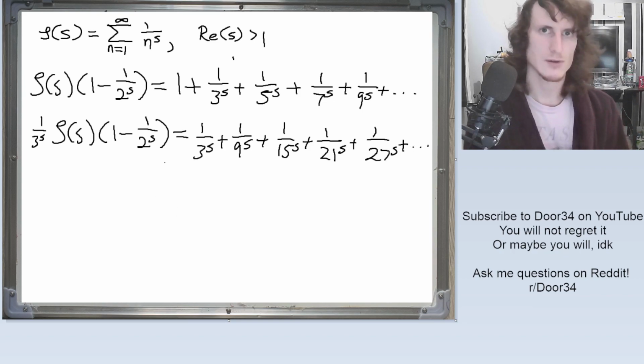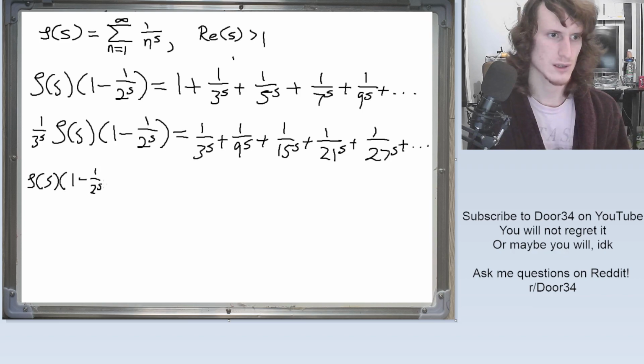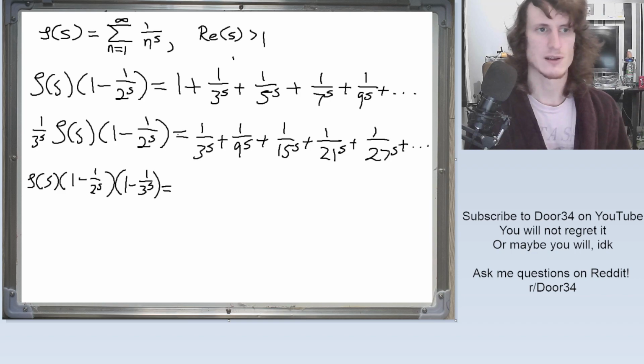And now same as before, we're going to subtract these, so we get zeta of S times 1 minus 1 over 2 to the S times 1 minus 1 over 3 to the S. What we're going to see this time is that any term that has a factor of 3 in it is also going to get taken out.